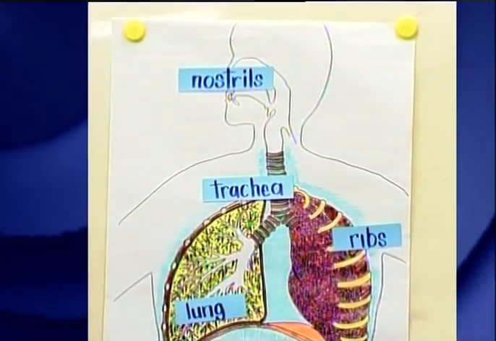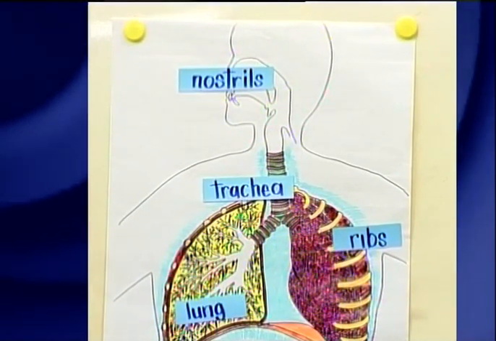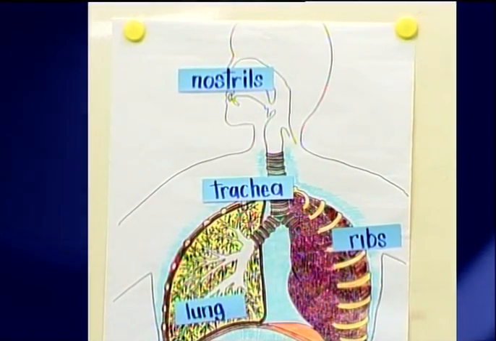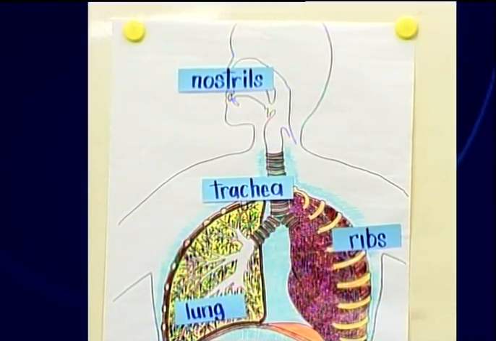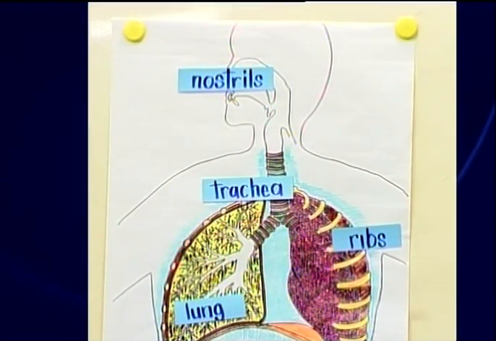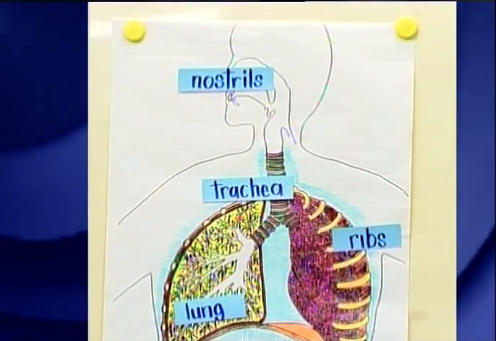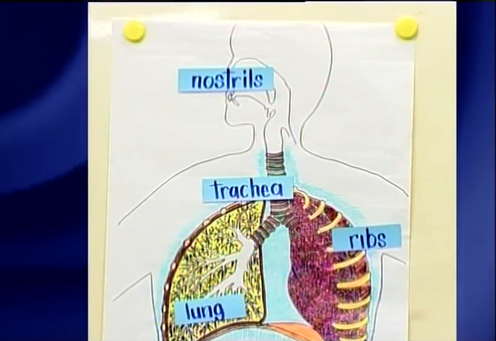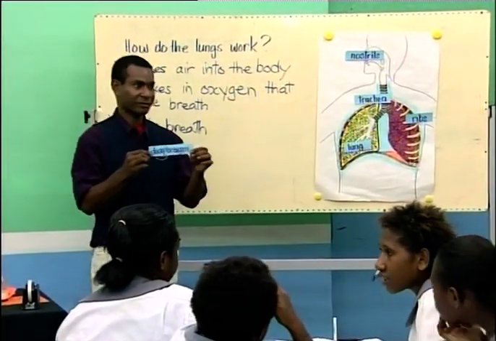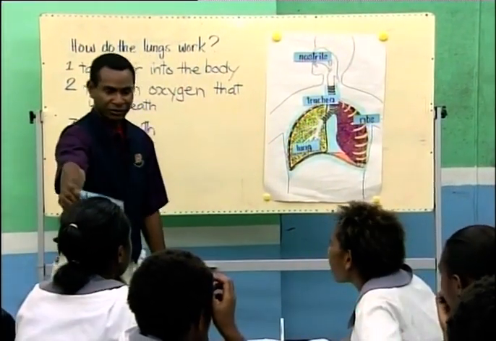Okay, the ribs are these fine lines here. You can feel them on your chest, out here. And the last one, I forgot the last one. This is the last one, diaphragm. Okay, Ruth.